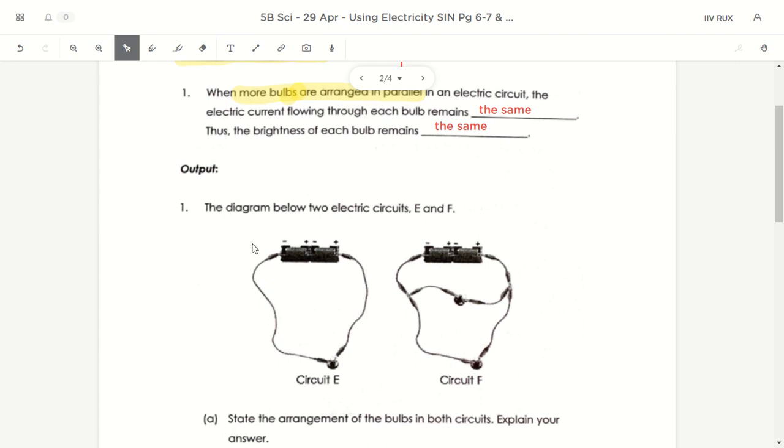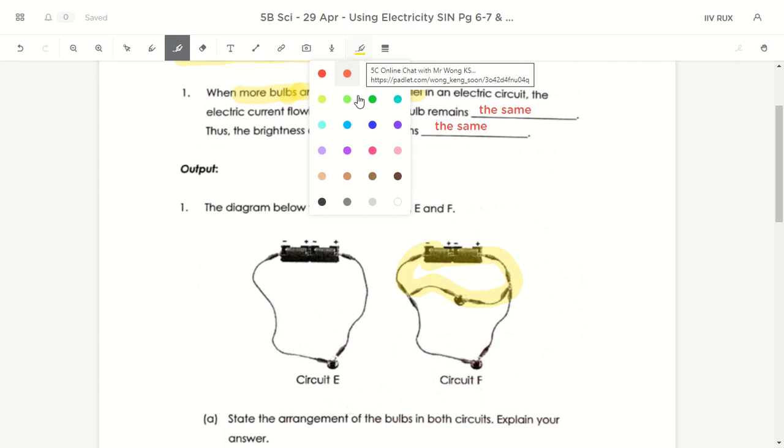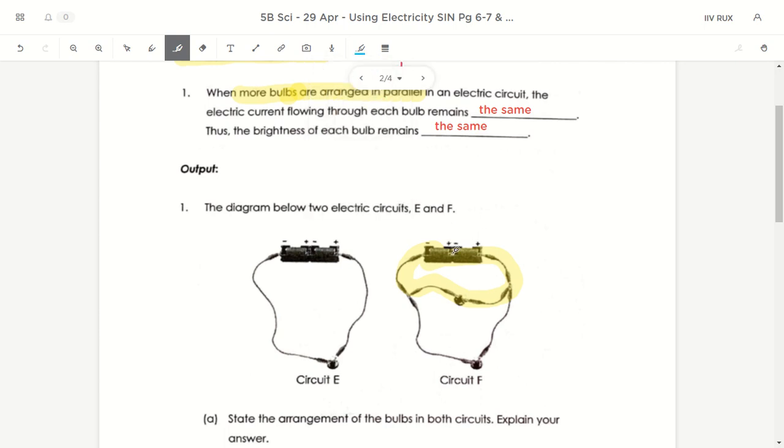You realize this is a pretty normal circuit with only one bulb, but there is actually two bulbs over here. And how do I know they are connected in parallel? So let's highlight. You realize there are two different paths. So this is one path that the electric current can flow. You realize the electric current can also flow in this path.